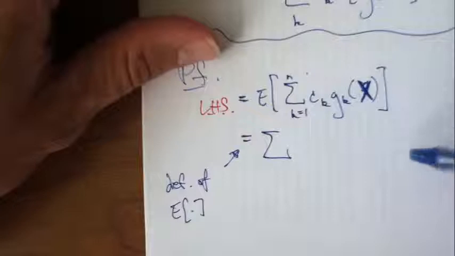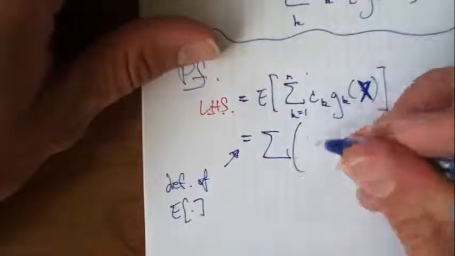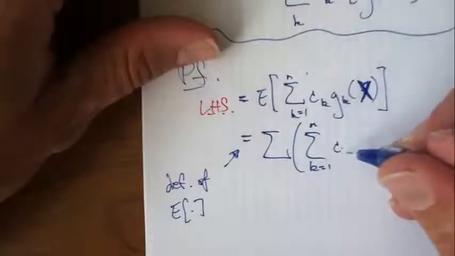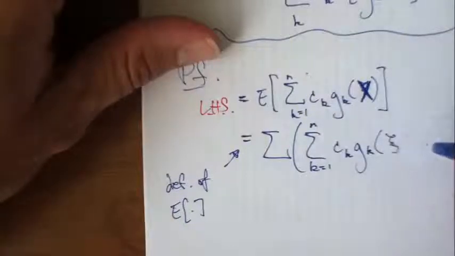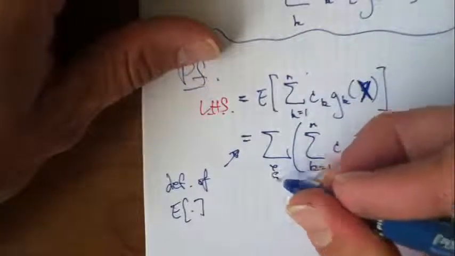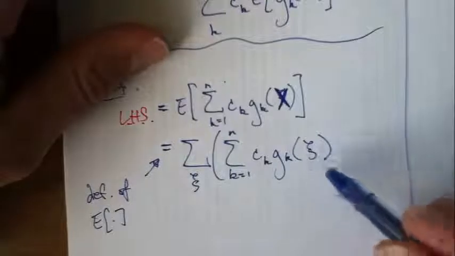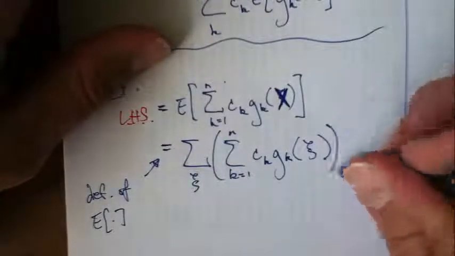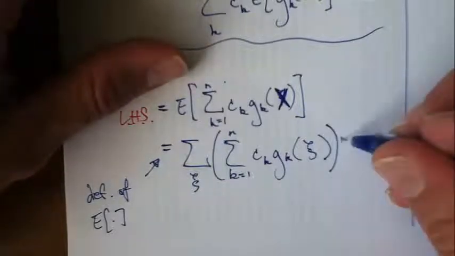So k equals 1 to n of ck gk of, and now I need a dummy variable. So I'm summing up all the possible values of X, over that dummy variable, and I'll use the Greek letter xi. You could use whatever you like. I just like it because it looks cool. Times the probability that X equals xi.